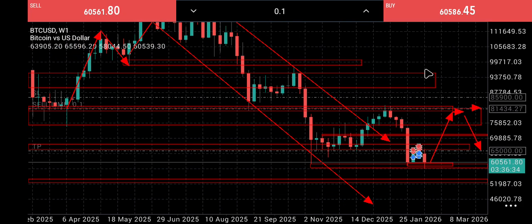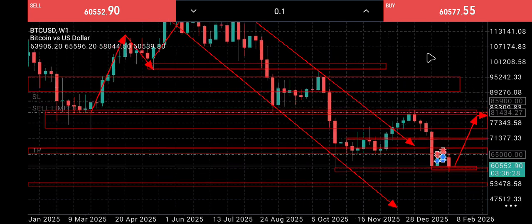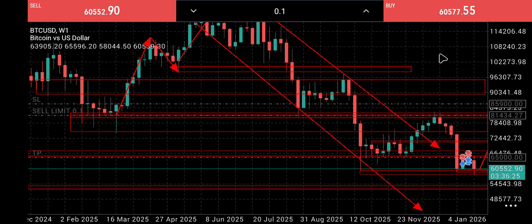I've said that you buy when the price is low, you sell when the price is high. So I was explaining something to do with the candlestick patterns. You can see different types of candlestick patterns.